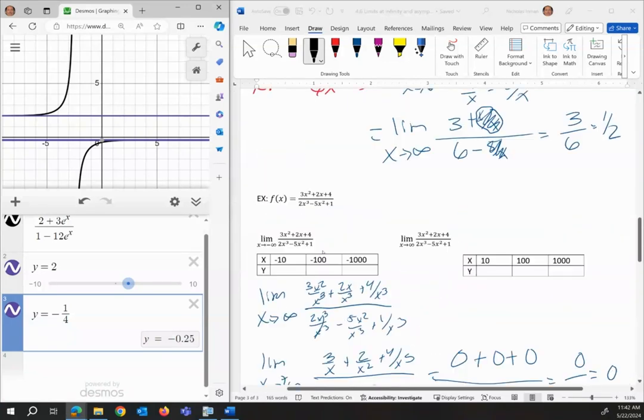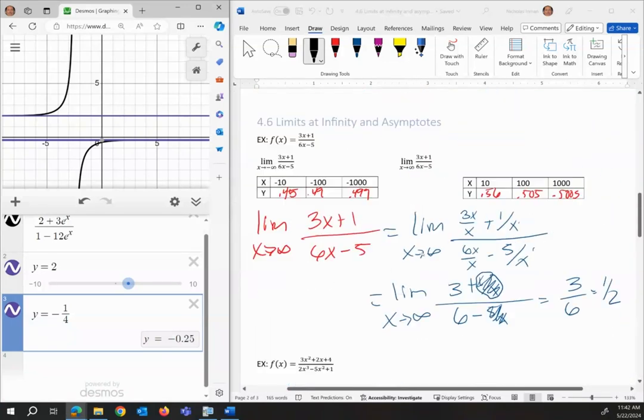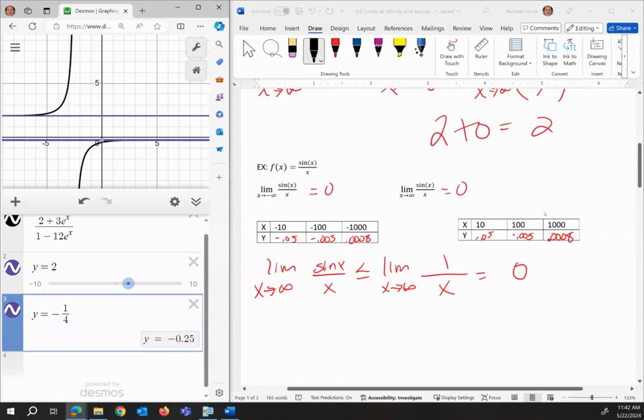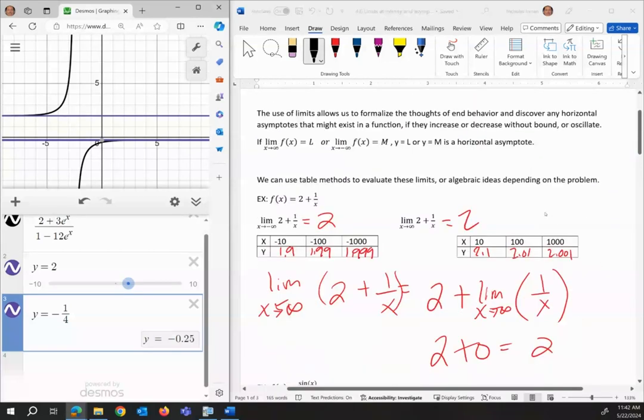And some of them will have the same asymptote on both sides. It's your job to play with the algebra a little bit. My suggestion: divide by the highest power of x you see, and figure out what happens. Allow things to become zeros in the problem. With that, good luck on this. Let me know if you have any questions.